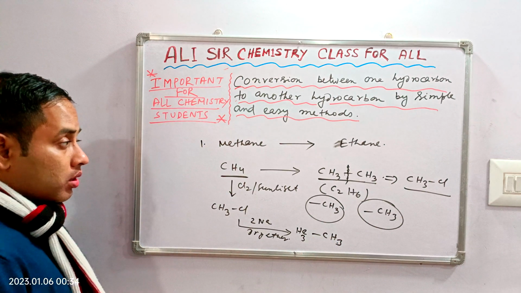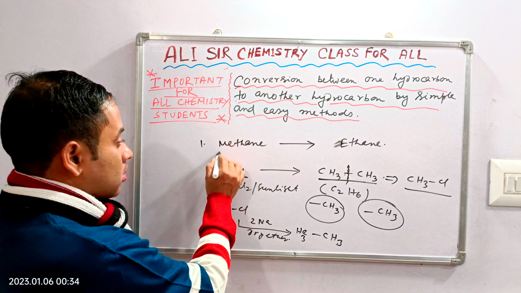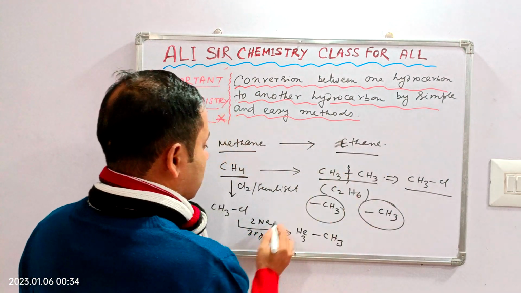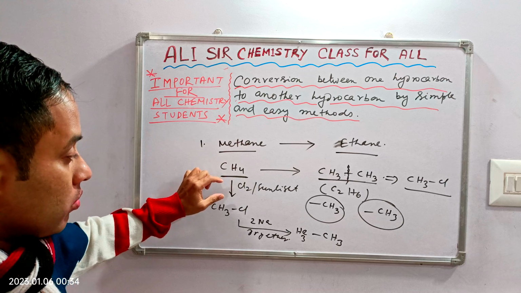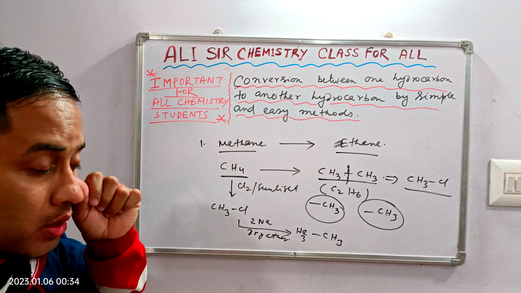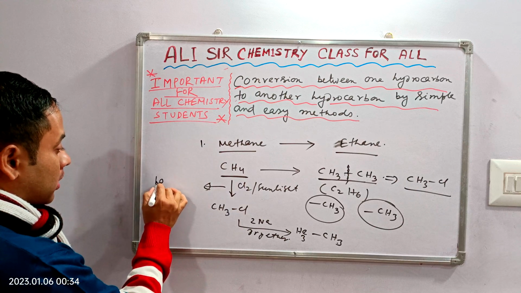So you can see how easily we can convert methane to ethane. This is only a two-step process. First we used chlorine in the presence of sunlight, which is known as halogenation of alkanes.